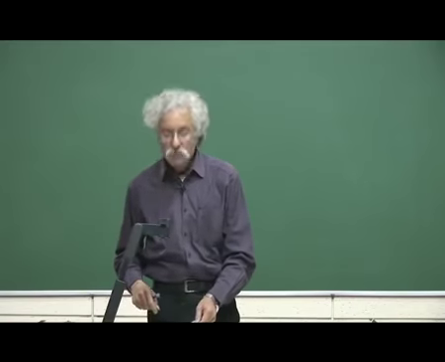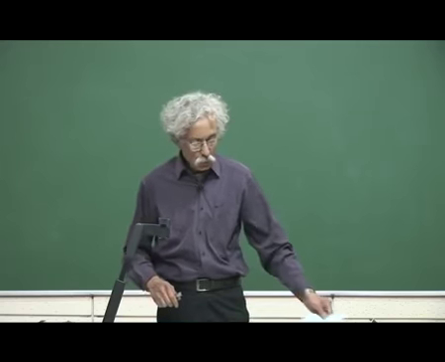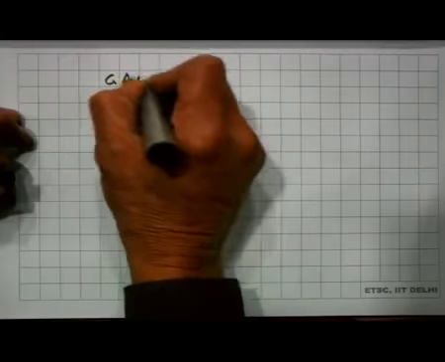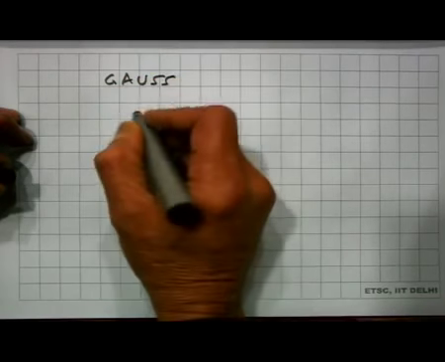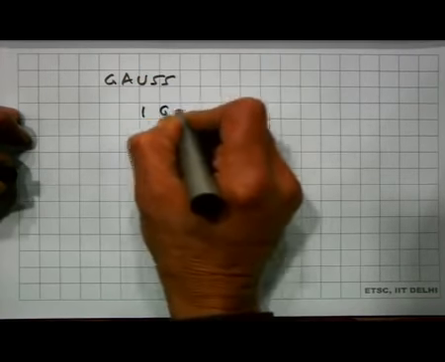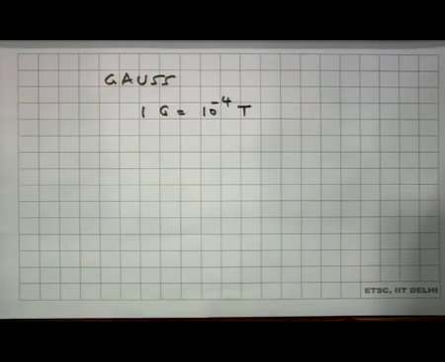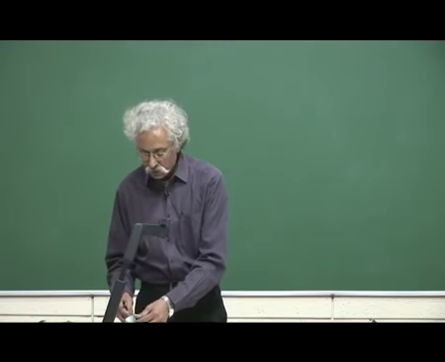And as I mentioned to you, Tesla is a very large unit, so we also define a much smaller unit called Gauss. So 1 Gauss is equal to 10 to the minus 4 Tesla. So that gives you the unit of magnetic field. So let me give you some indication of the kind of magnetic fields found in various situations.